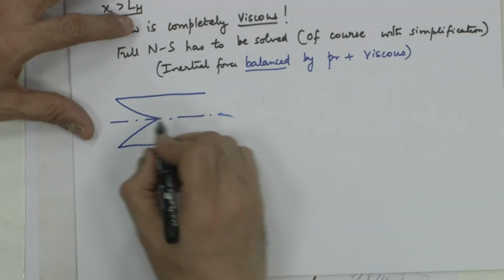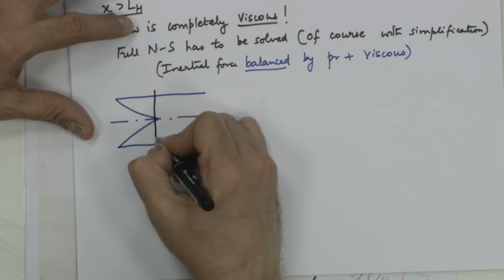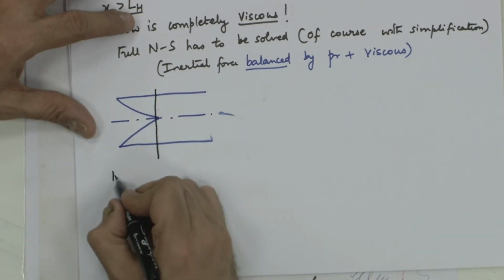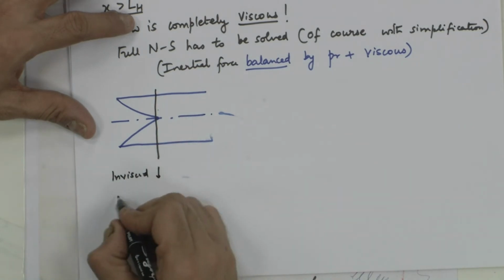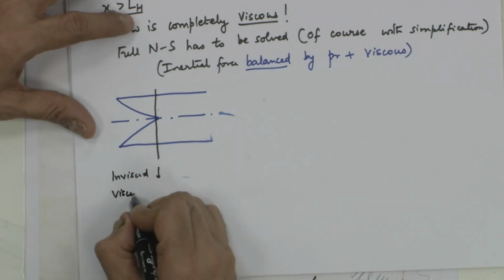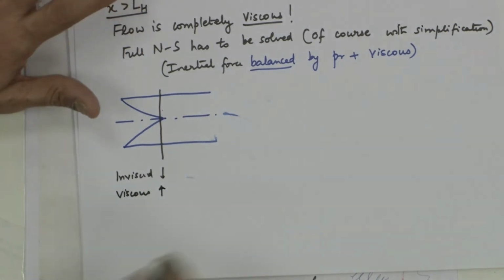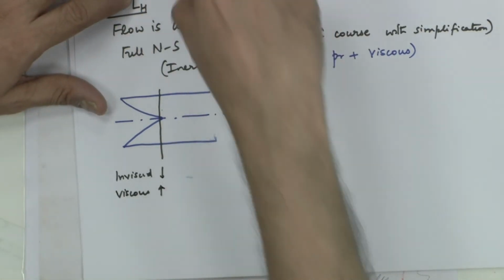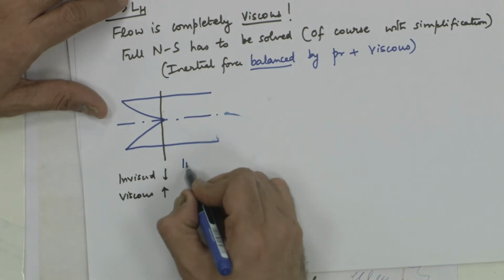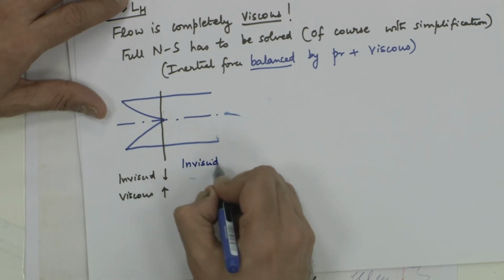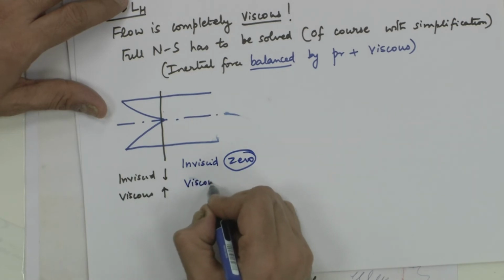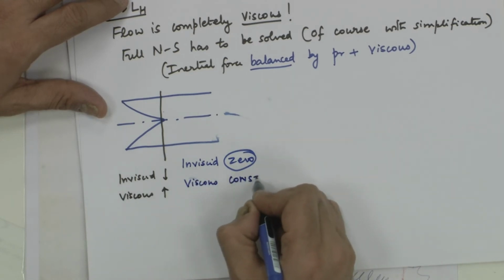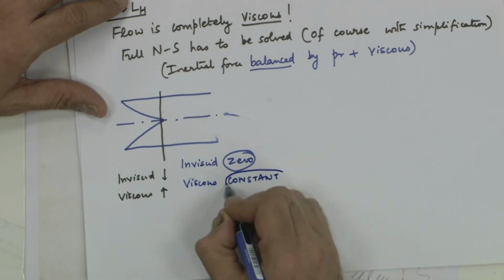Till this part, the inviscid effect was decreasing, viscous effect was increasing till this region. What about this part? Inviscid 0, not there, viscous constant all over the pipe, all through.